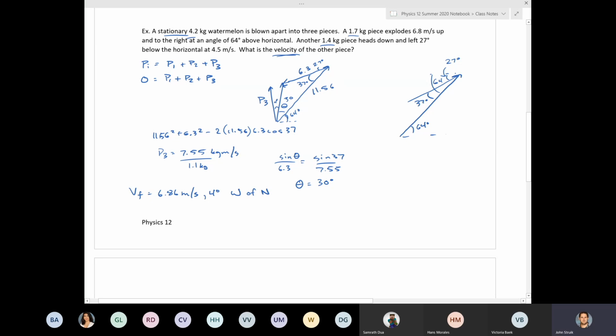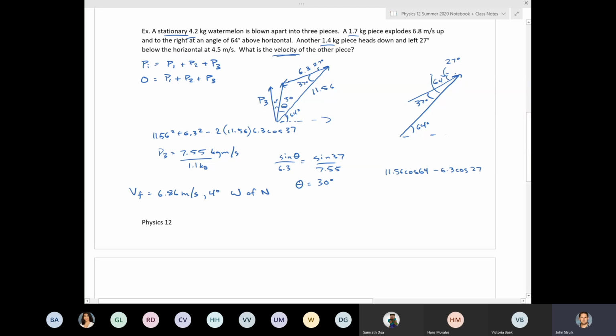So just to double check that, because I'm not quite sure which way it goes, I want to know which way my x momentum is going. So if I add all my x momentums together, I should get 0. So I can go 11.56 cos 64, that's this line right here, minus 6.3 cos 27.